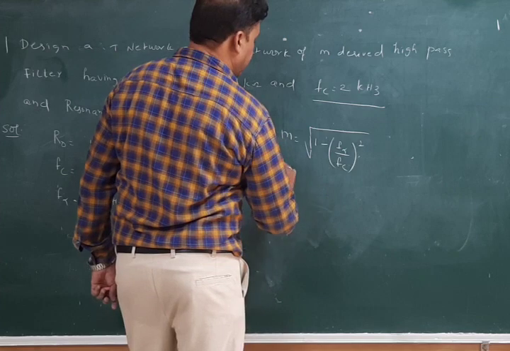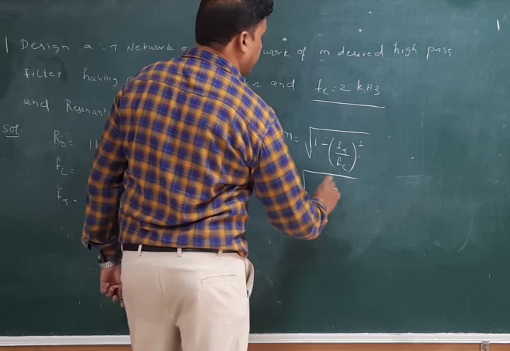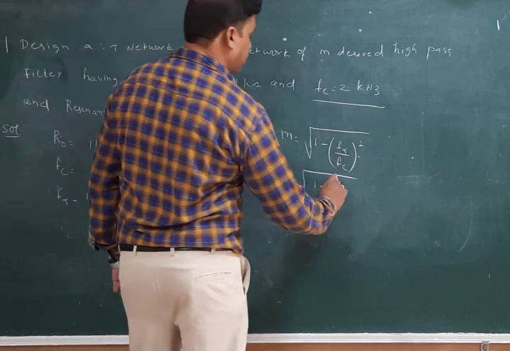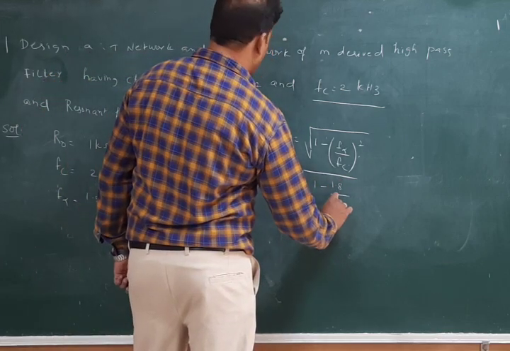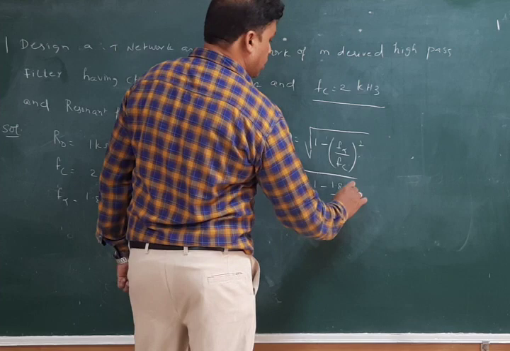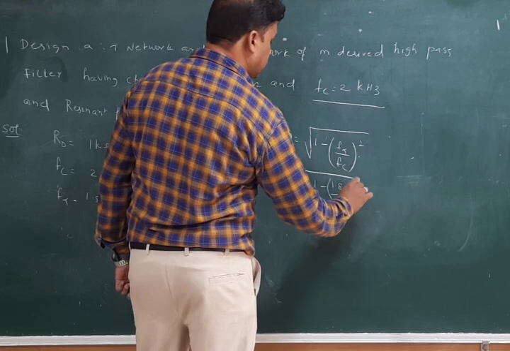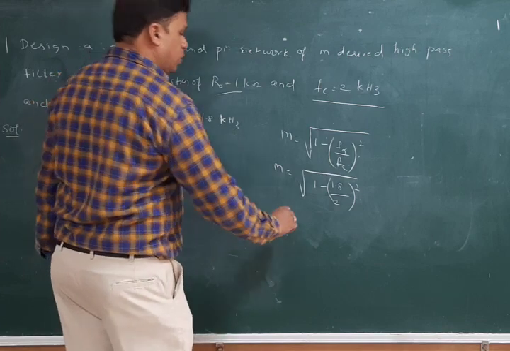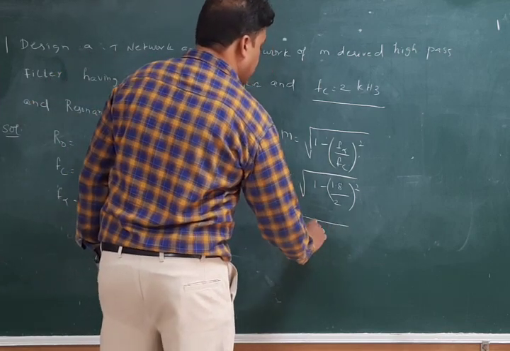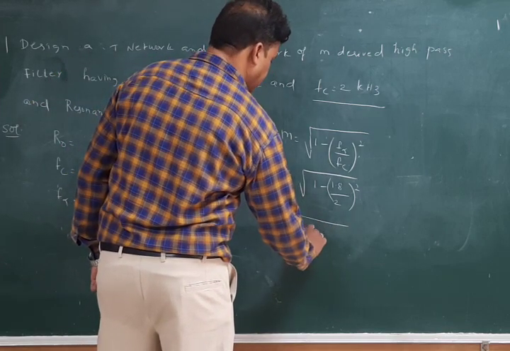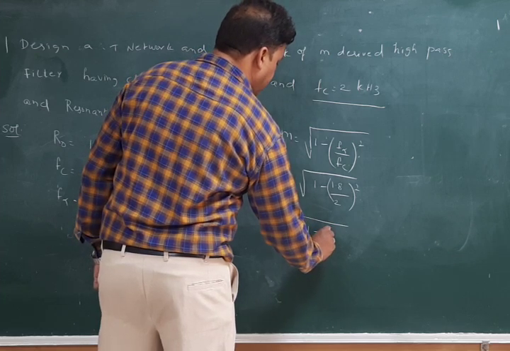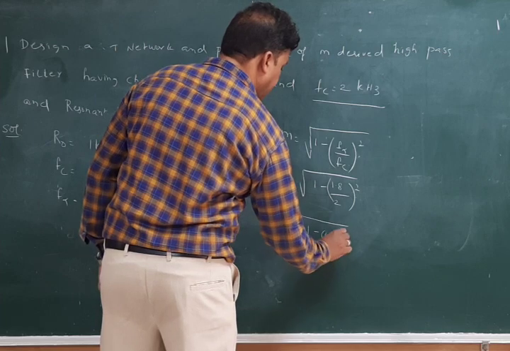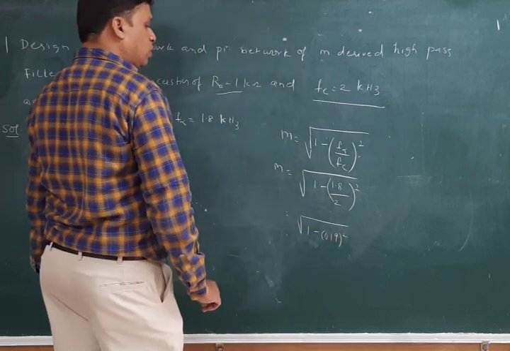So, m is equal to the square root of 1 minus F infinity by Fc, where F infinity is 1.8, so 1.8 by 2, whole square.